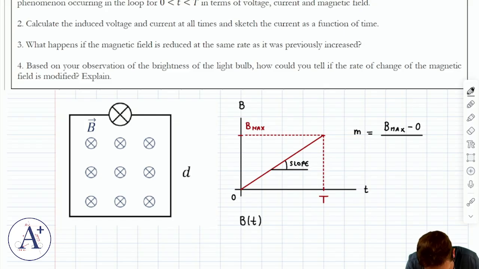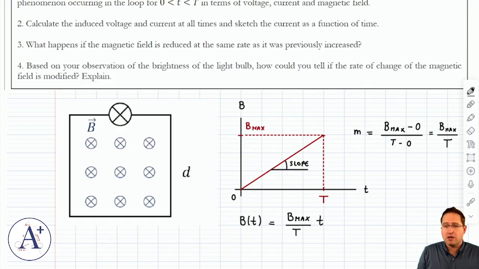Rise is B max, run is capital T, and so this is B max divided by capital T. That is the slope times the variable t plus the y-intercept, where the y-intercept is 0. It goes through the origin. At t equals 0, B is 0. So I have a function of time, B, and it tells me that B increases with time.